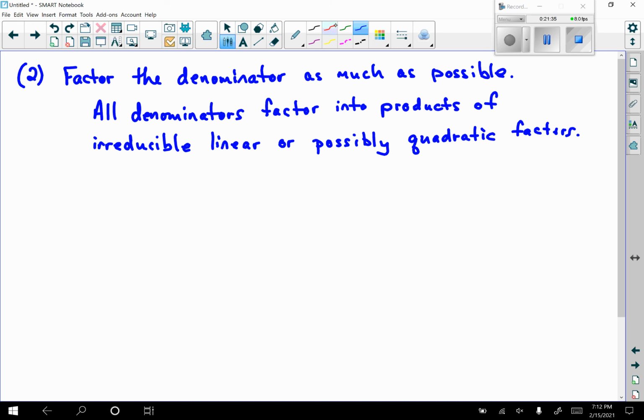So again, as I mentioned, there are several cases. All right, the first case is that the denominator is a product of simple linear factors, none of which are repeated.